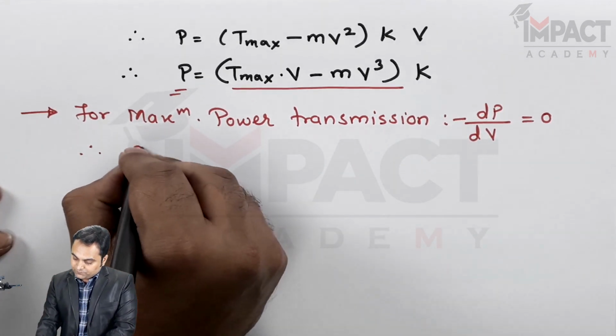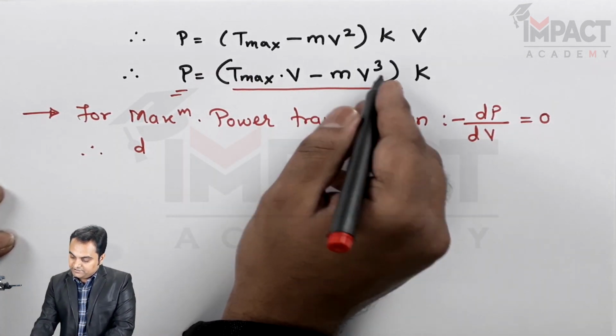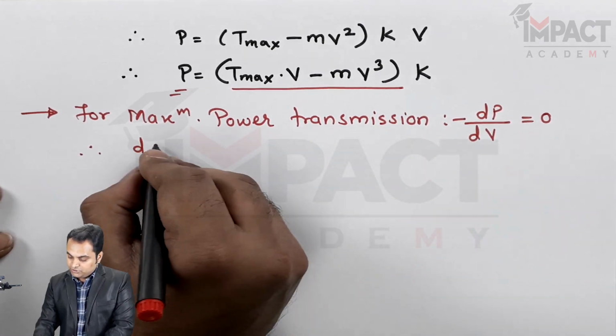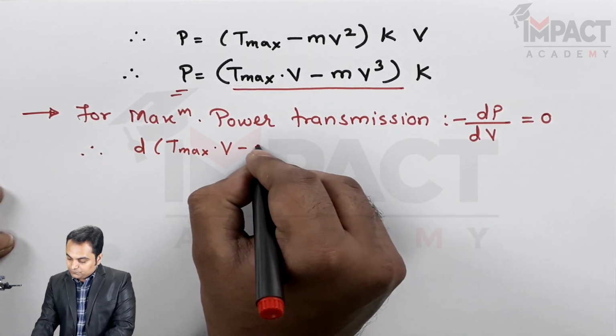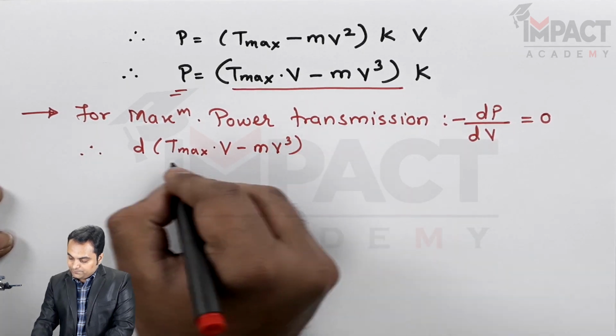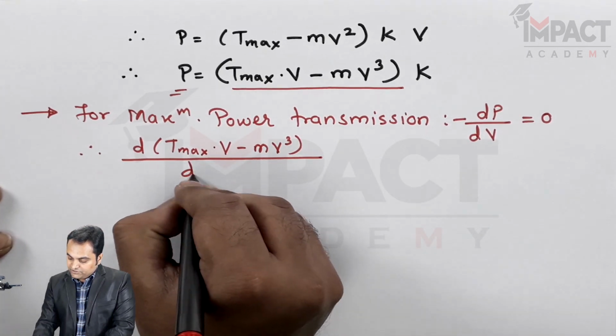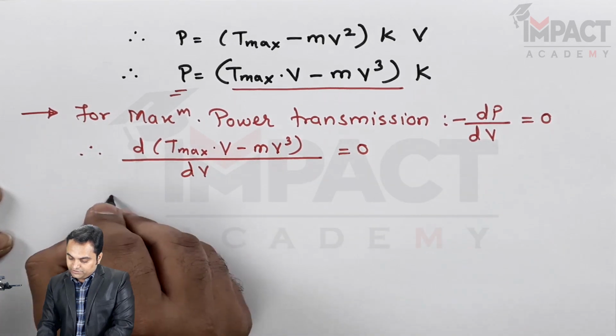Here this complete bracket is the variable and K is the constant, so I am using T max into V minus m v cube, differentiating with respect to velocity and equating it to 0.